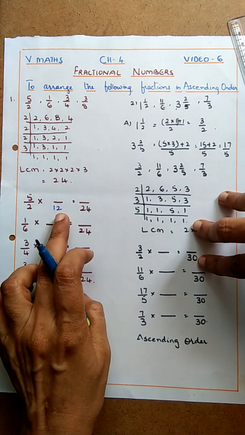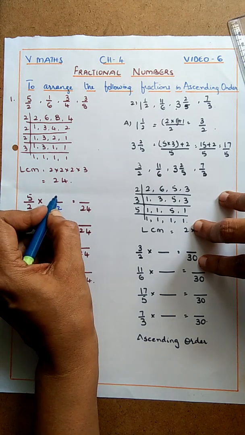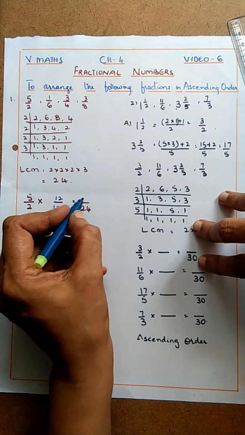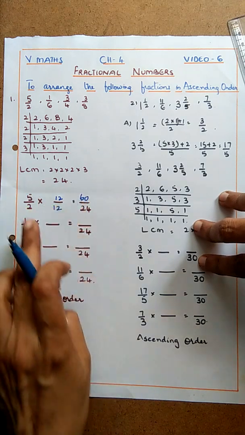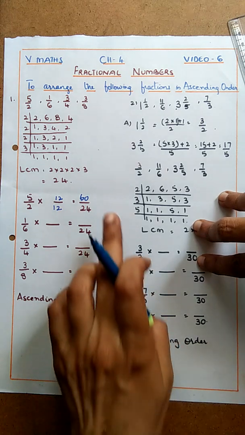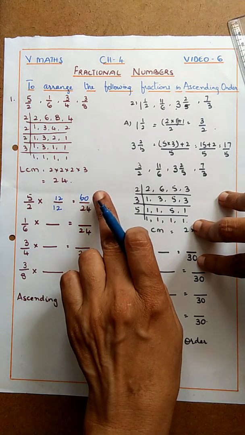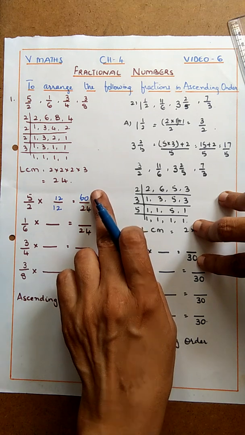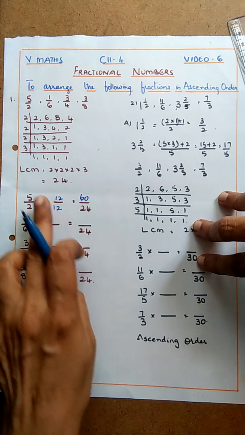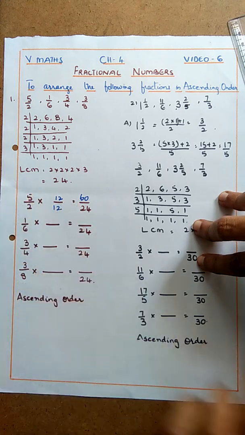So now multiply the numerator also by 12. So 12 5s are 60. So 5 by 2 we have written as an equivalent fraction, where the fraction becomes 60 by 24 because we have multiplied numerator and denominator of this fraction by 12 by 12.